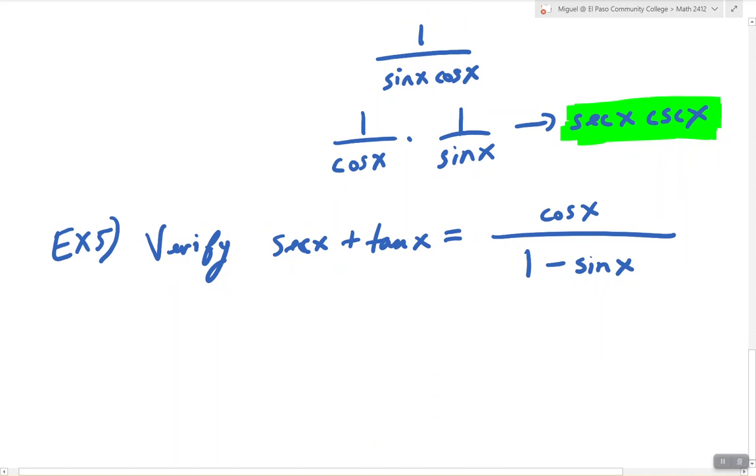Secant of x plus tangent of x equals cosine over 1 minus sine. We'll work on the right side here, since it is a fraction.